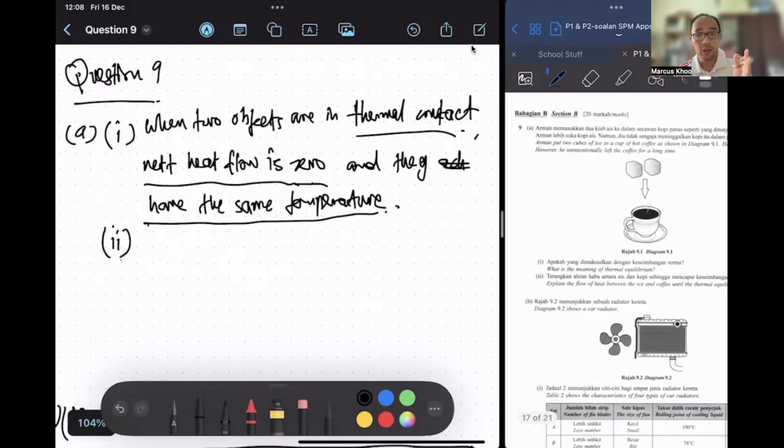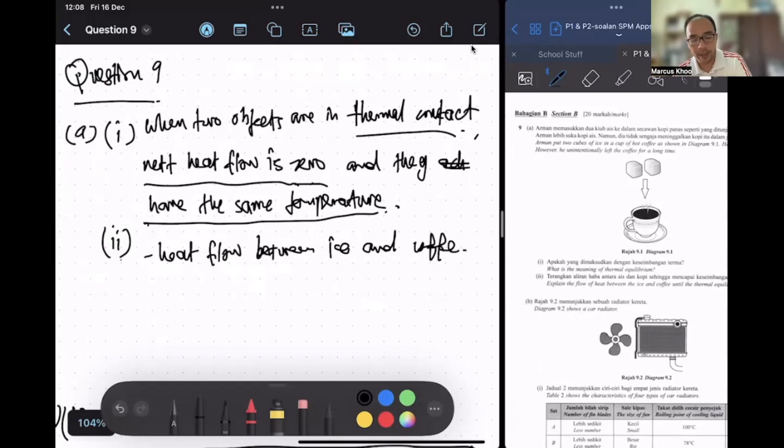Okay, so the first thing you need to know is that there is heat flow between the ice and coffee, which means that there is heat flowing from the ice to the coffee and heat flowing from the coffee to the ice. We must never make the mistake that heat flows only one way. When two things are in thermal contact, heat always flows two ways.